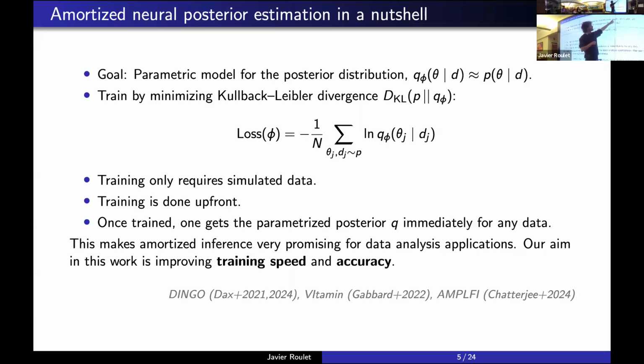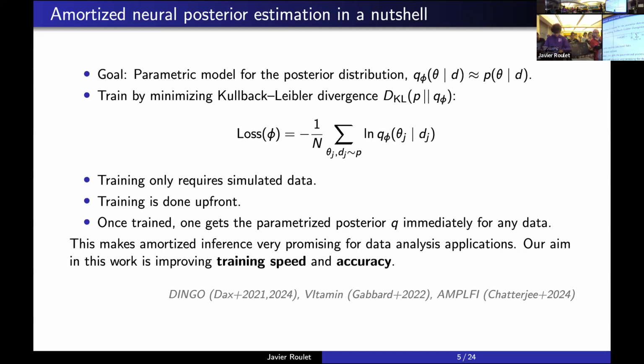This distribution has many free parameters, for example, the weights of a neural network, which I'm denoting with phi. And the idea is let's tune phi so that given the data, the q will output the posterior distribution.